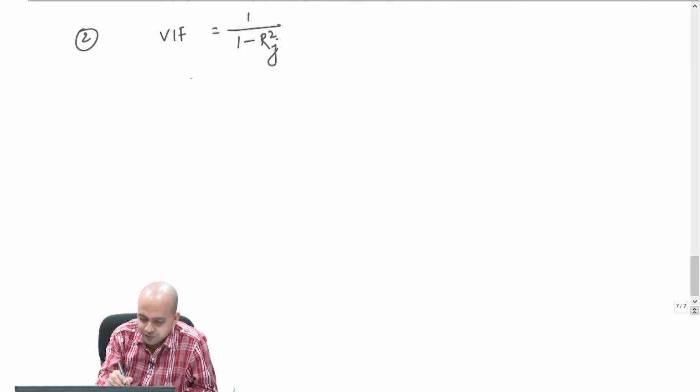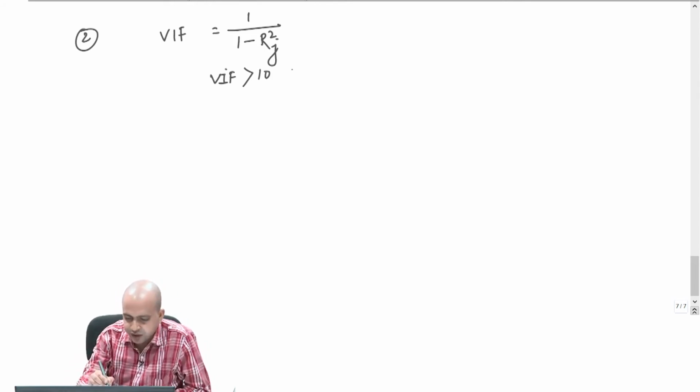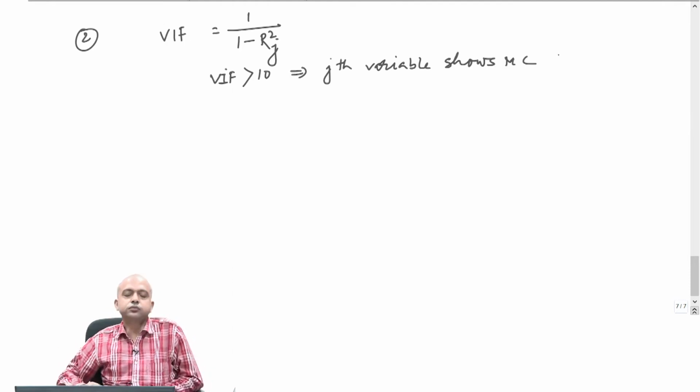So, if the VIF so defined is greater than 10 for this particular jth variable, that will imply that the jth variable shows MC. That means the jth variable is nearly linearly dependent with others. So, this is a simple formula to apply, and it is very easy to estimate from the statistical software also.